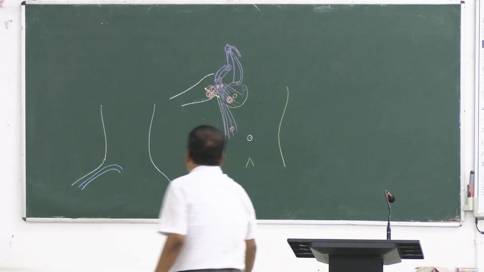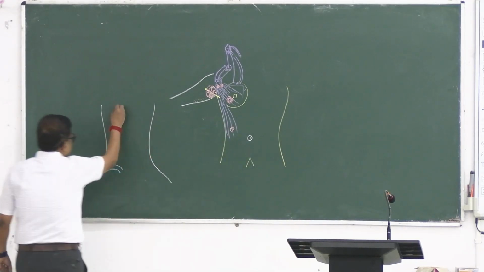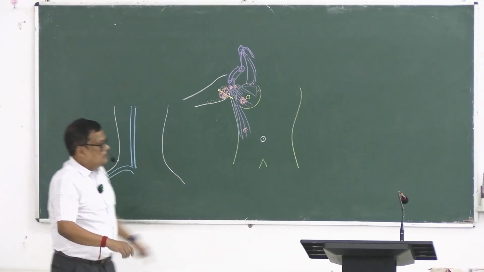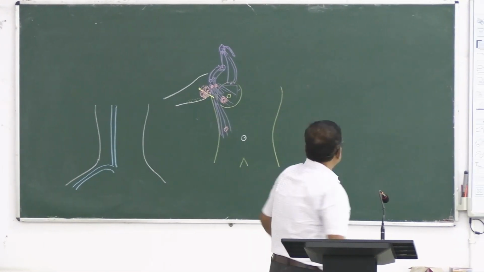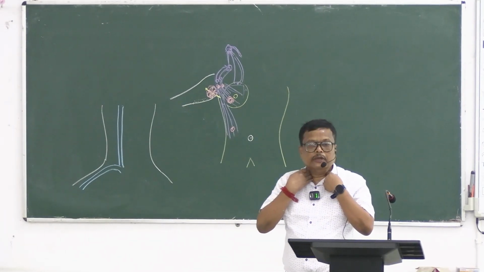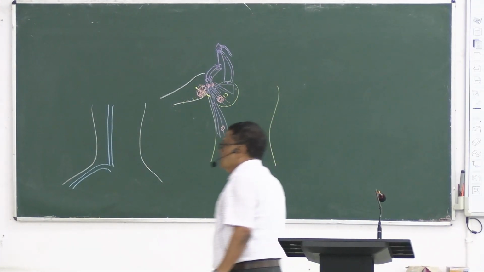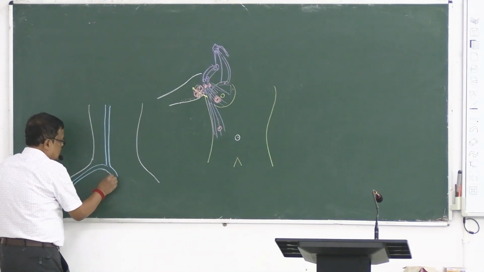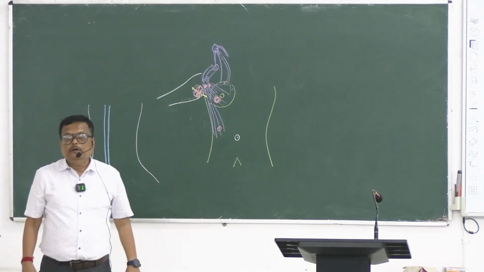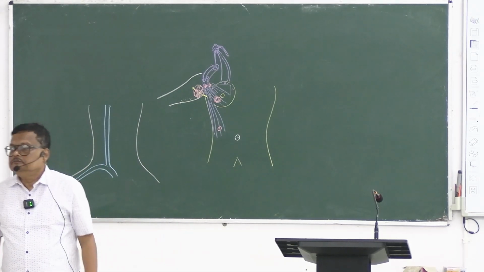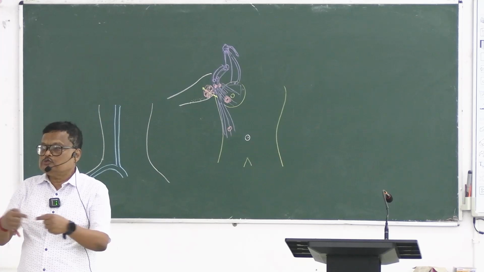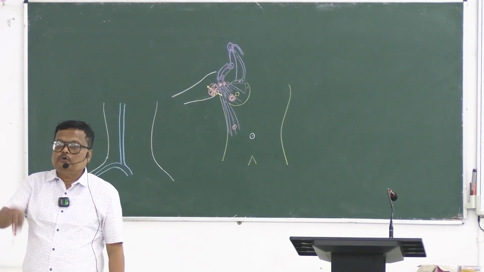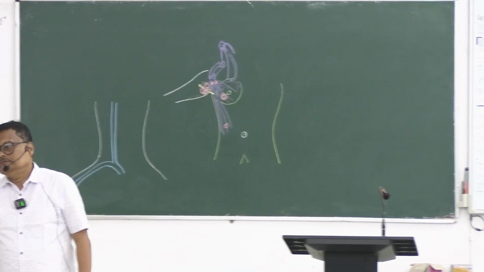The subclavian vein joins with a vein from the head and neck, known as the internal jugular vein. A very important vein: the brain and other parts of the head and neck drain here. Ultimately it forms a vein known as the brachiocephalic vein. Two brachiocephalic veins then join together to form the superior vena cava, which goes to the right atrium of the heart.